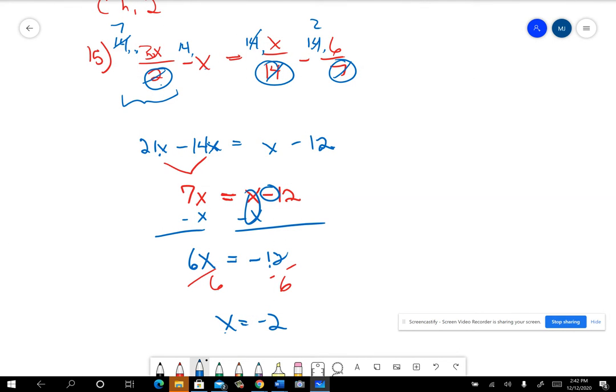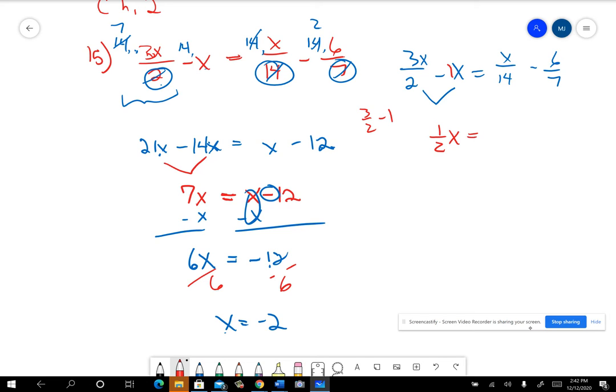Okay. Now, if you don't want to clear the fractions on a problem like that, then you need to understand how to handle it using your fraction keys. So if you're going to use your fraction keys, these are like terms. This is an understood minus 1. So you could do 3/2 minus 1 on your calculator, and that would give you 1/2, and you'd have 1/2 x.